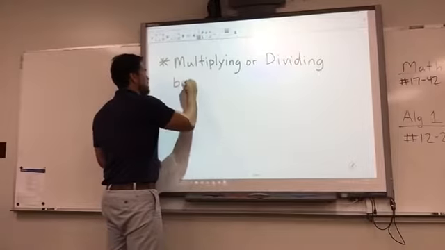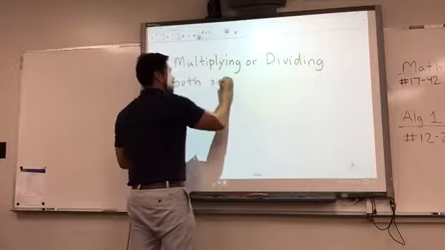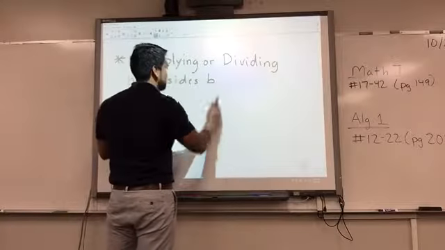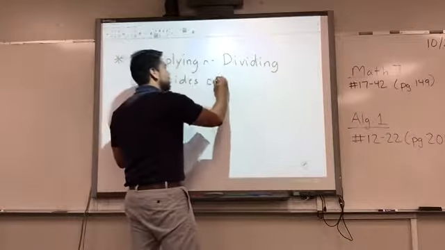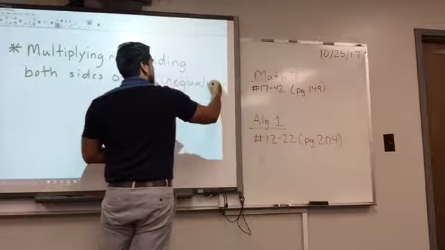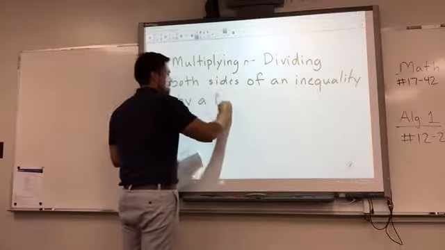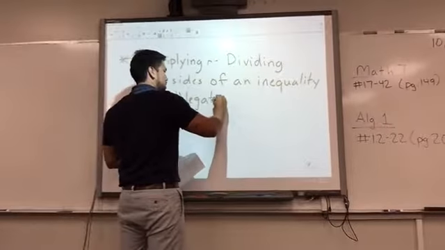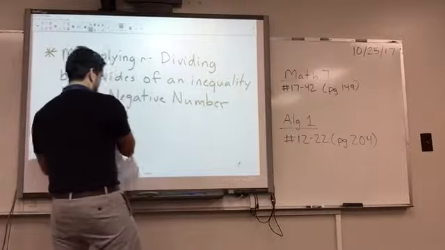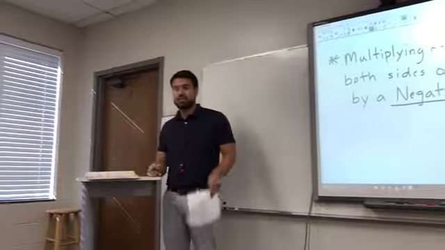Multiplying or dividing both sides of an inequality by a negative number. It's a curious case here, guys. Underline negative number. That's the key to that second half of the lesson.